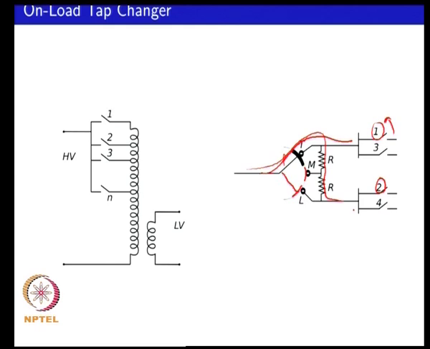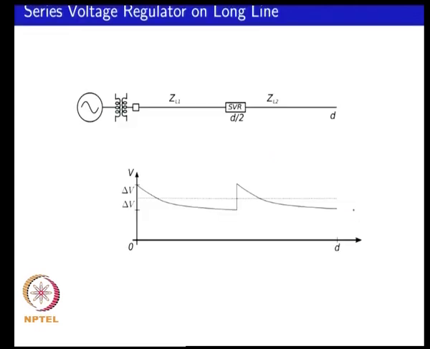So, when you are trying to do such an action, you could also have, say for example, a series voltage regulator also functions in a similar manner. You could have series voltage regulators at the substation end or further down the line.